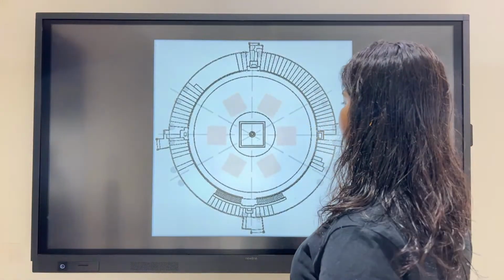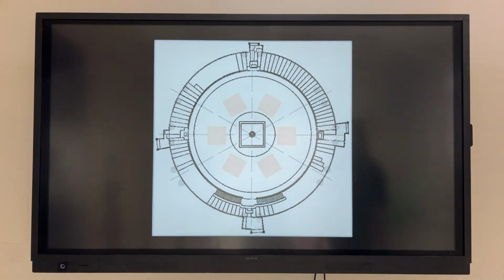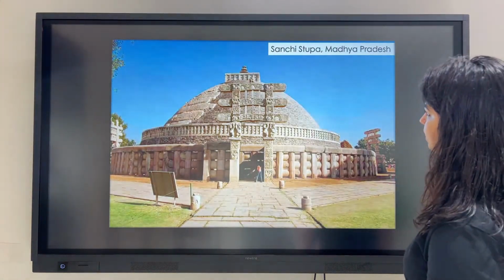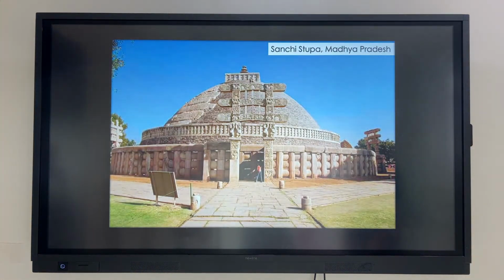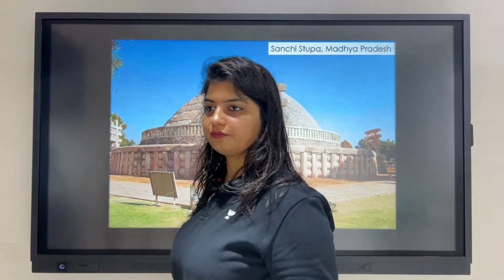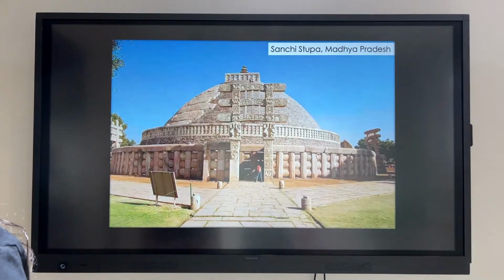Here is a plan of a certain monument, and in that also you will have that radial symmetry. Okay, this is Sanchi Stupa of Madhya Pradesh. Fine. If you look at it from the top, you'll actually feel the radial symmetry.